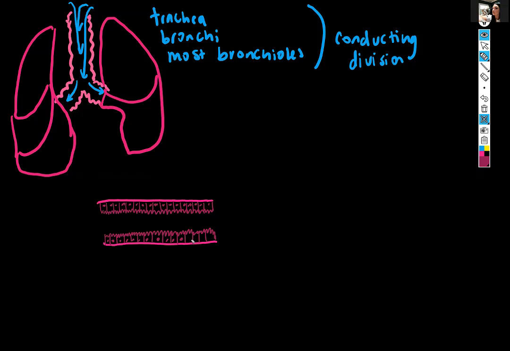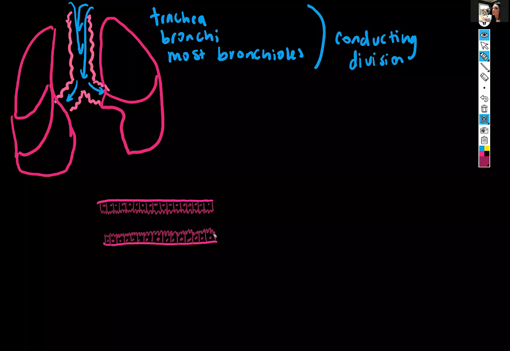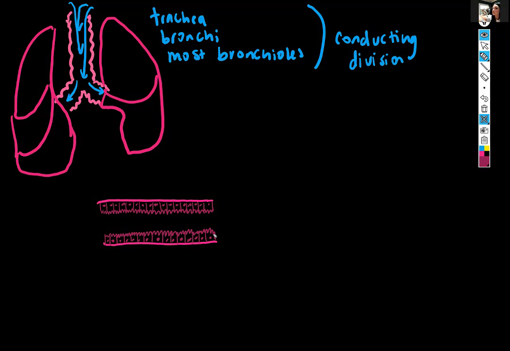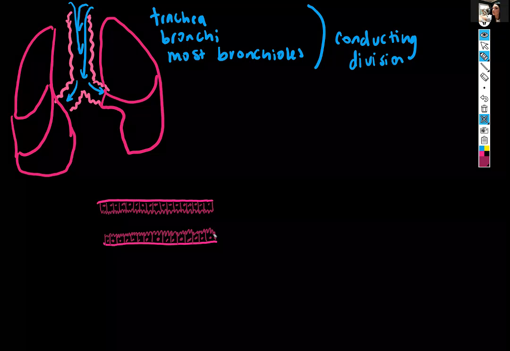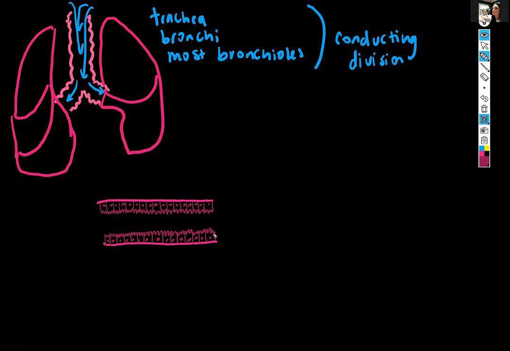And these cells, I'm drawing a really small bronchiole here. As you make your way through the airway from larger air tubes like the trachea towards smaller air tubes like terminal bronchioles, for example, the histology of the epithelium goes from being pseudostratified ciliated columnar epithelium with lots of goblet cells, and then it sort of gradually transitions as the tubes get smaller to a ciliated columnar epithelium, just regular columnar, and then eventually right before it switches to the respiratory division, it does appear cuboidal.